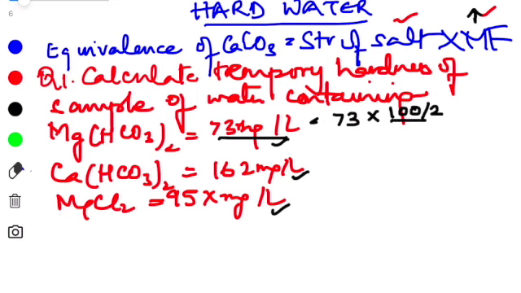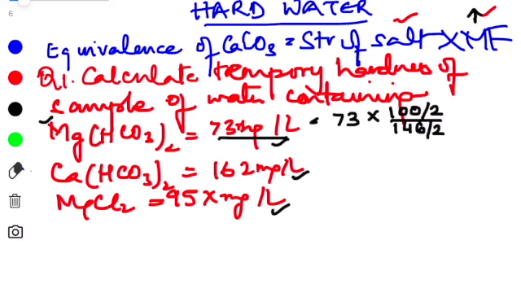Now I divide this value by the equivalent weight of the salt. Which salt? The hardness causing salt. And what is that over here? I am dealing right now with magnesium bicarbonate. So I divide this figure with the equivalent weight of magnesium bicarbonate. For that, I take the molecular weight or the molar mass of the magnesium bicarbonate, which is equal to 146, divided by 2, because 2 is the oxidation state of magnesium in magnesium bicarbonate.